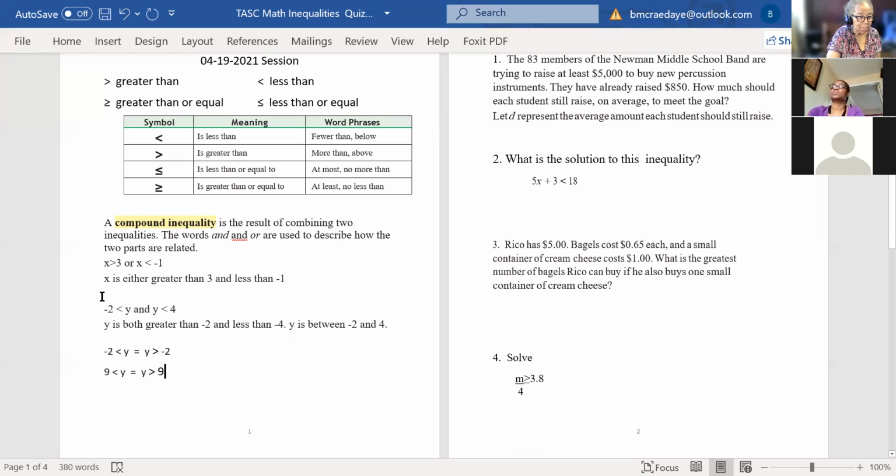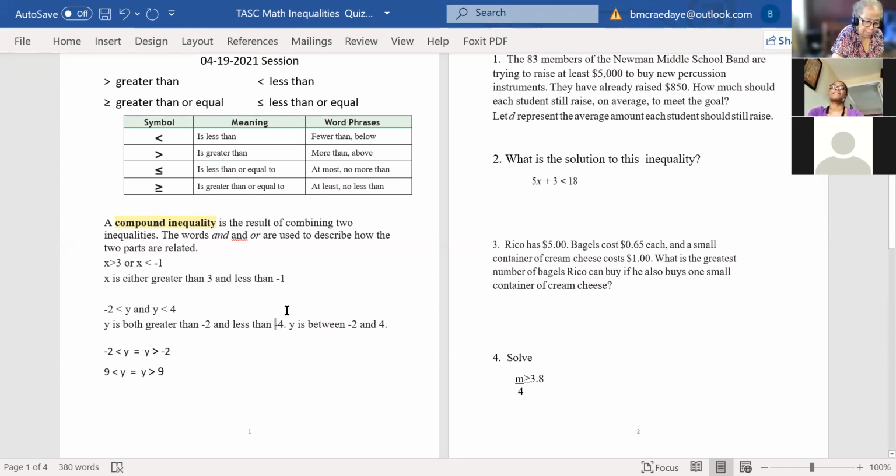That's why this is written as minus 2 less than y. Y is greater than negative 2, and y is less than 4.